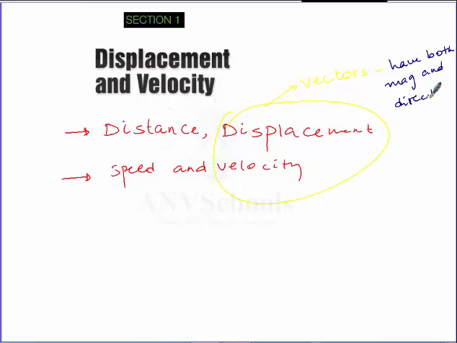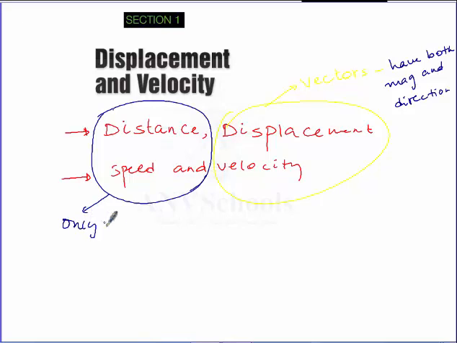Whereas distance and speed, these 2 physical quantities, have only magnitude. We don't care where they are going; what we need is the amount, the magnitude or the number.